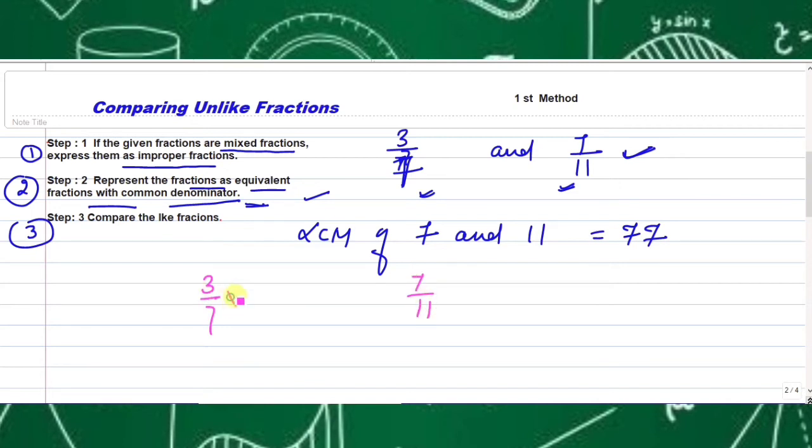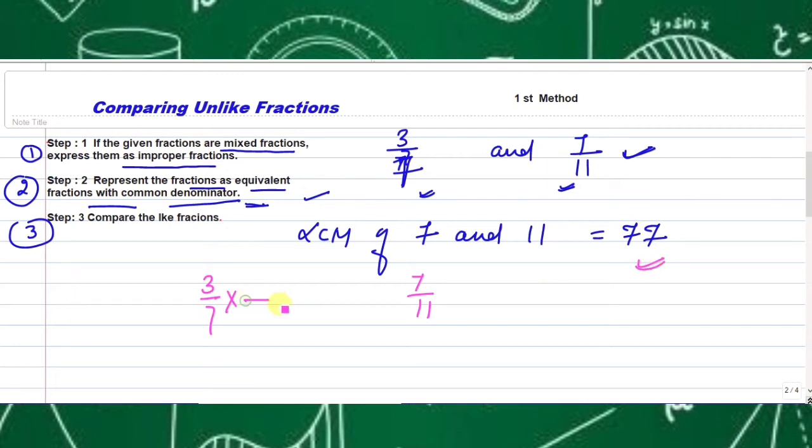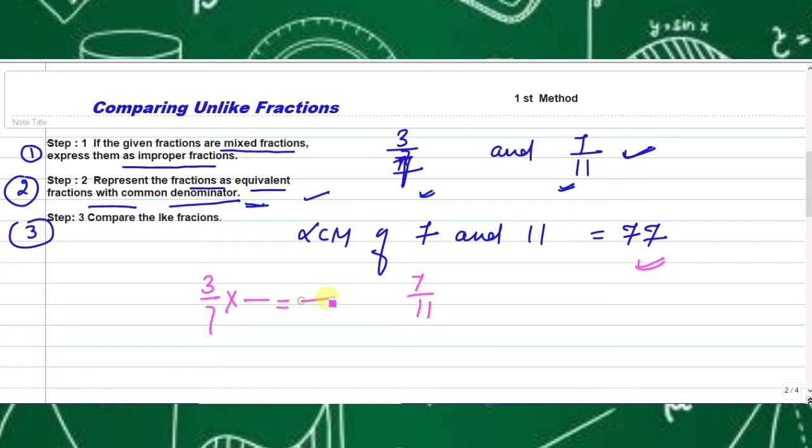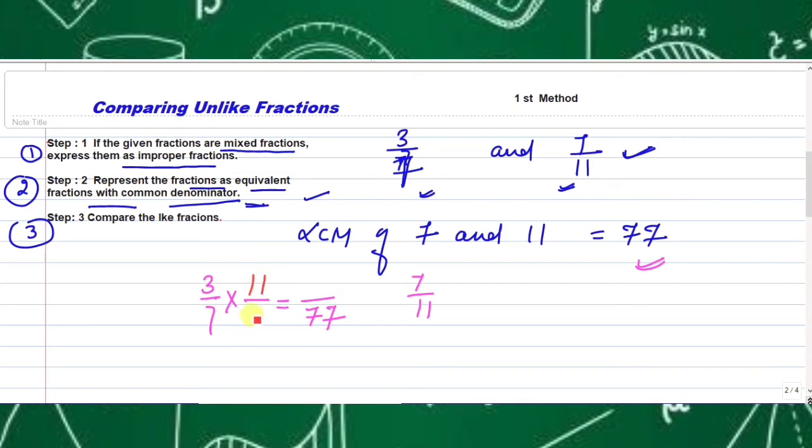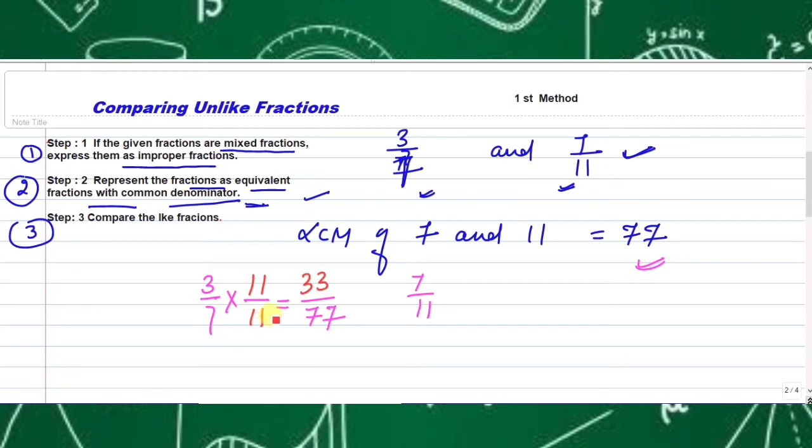Now the LCM is 77. You have to multiply the numerator and denominator by which number to get the denominator as 77? That number is 11. So 11 into 3 is 33, and 11 into 7 is 77.